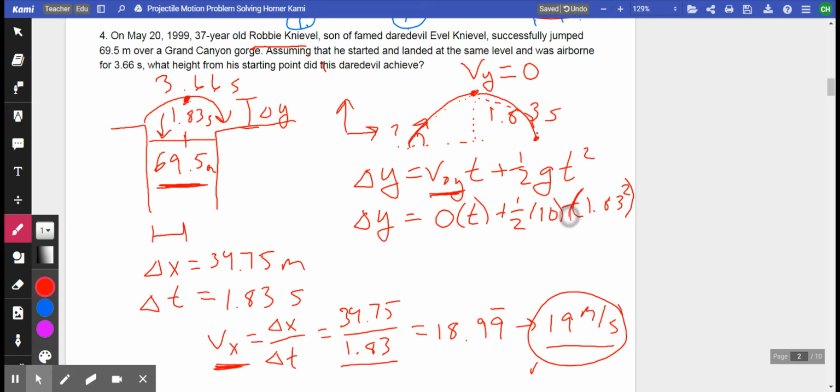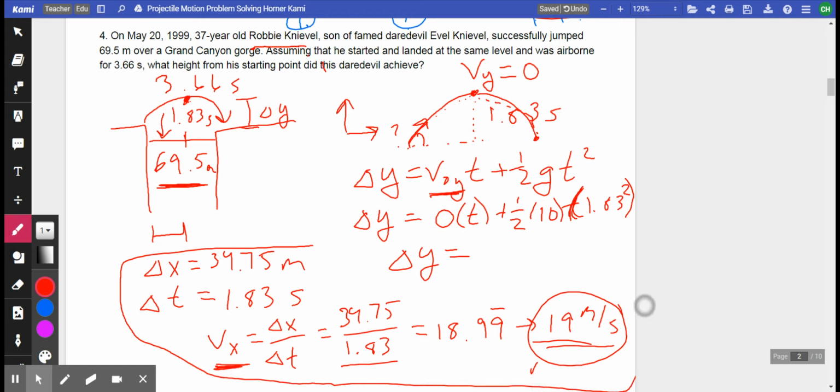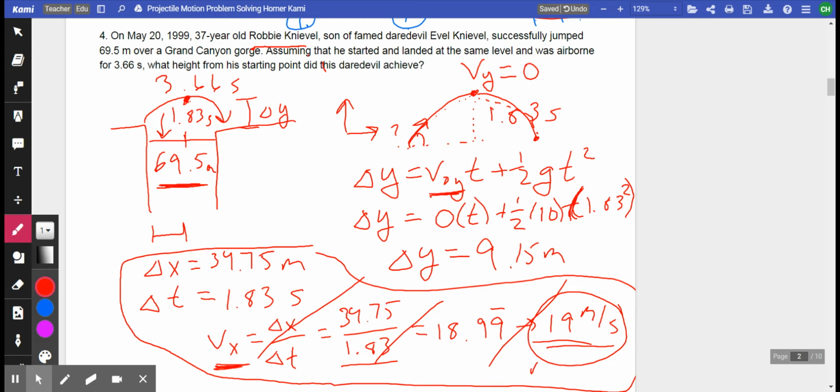I can find out how high he went, and I don't have to use this 19 at all. So everything that we did down here, we really don't need. So I'm just going to cross this off, and we're going to leave it at delta y. So this is 5 times 1.83 squared, and this person went 9.15 meters in height.